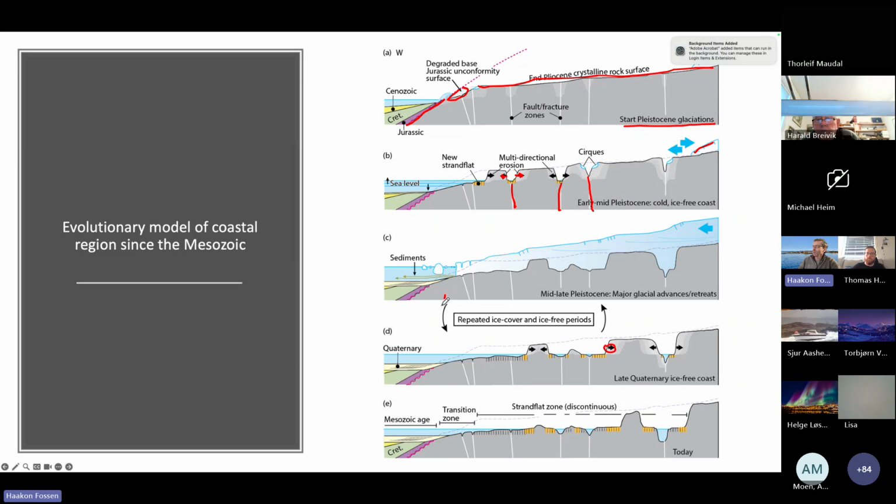And this happens probably over and over and over again. I don't know how many cycles there would be, 40 or something. And what we have today is the result of this cyclic erosional history with strandflats and some leftover mountains in between. And that's sort of my interpretation of this.